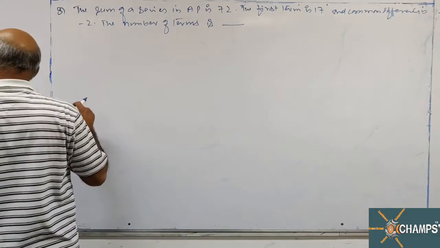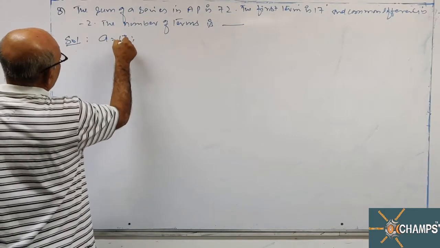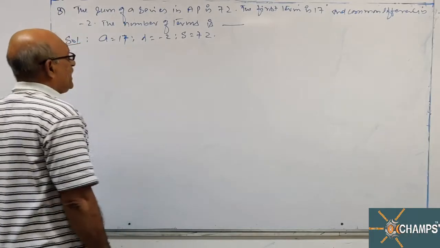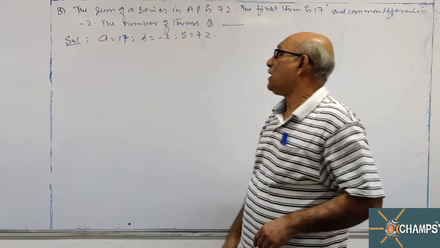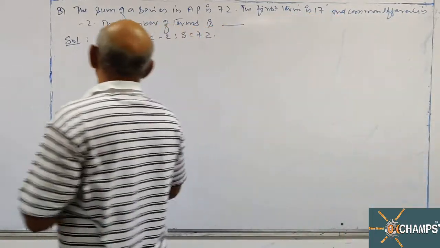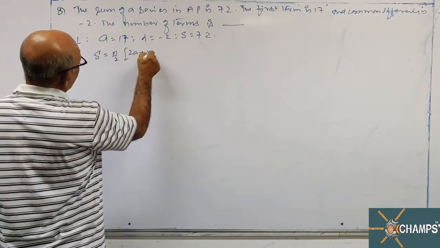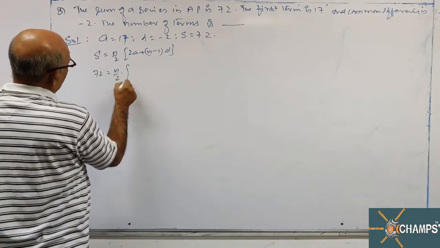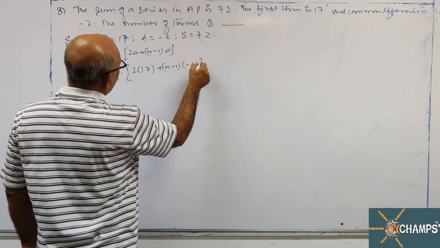Now see the solution. What is given? A is equal to 17, D is equal to -2, S is 72. Now S is equal to n by 2 into 2a plus n minus 1 into d. 2a, 2 into 17, n minus 1 into common difference -2.